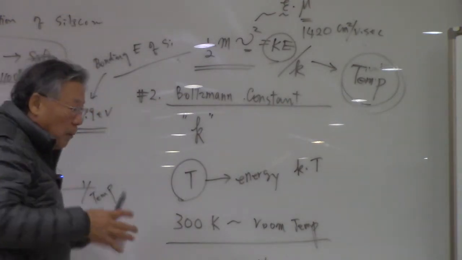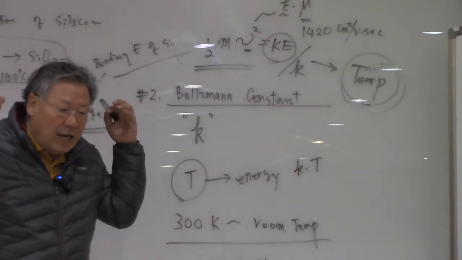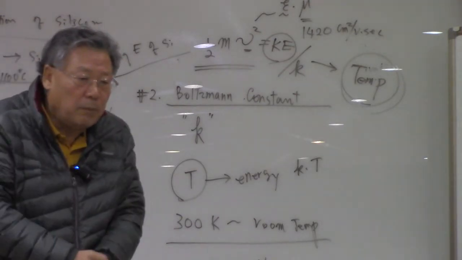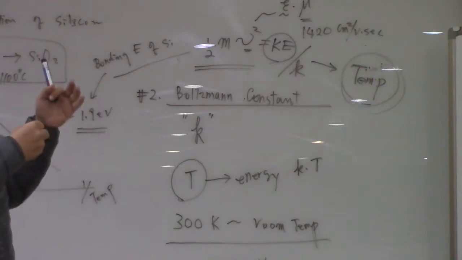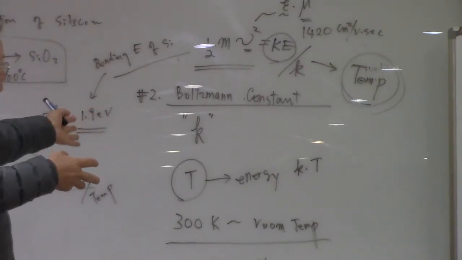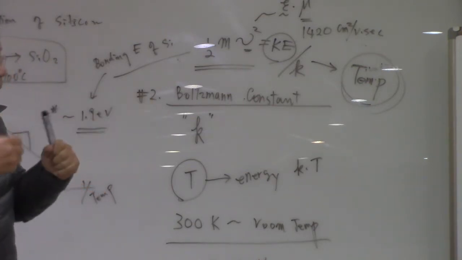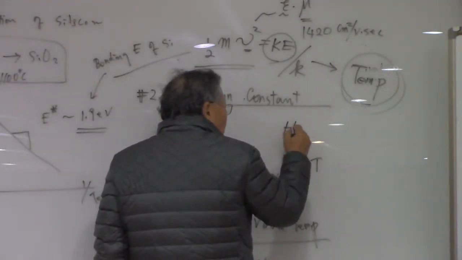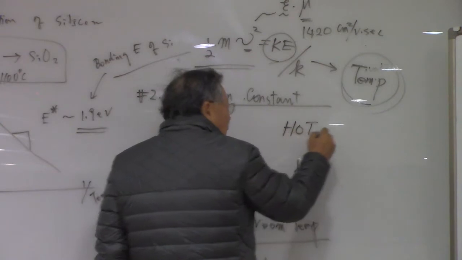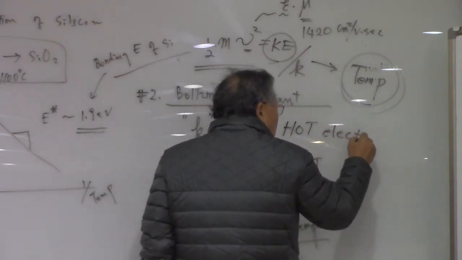So if you apply the high electric field at room temperature, the electron moves very fast, and we can deduce the corresponding temperature. That electron is a hot electron. We call that hot electron.